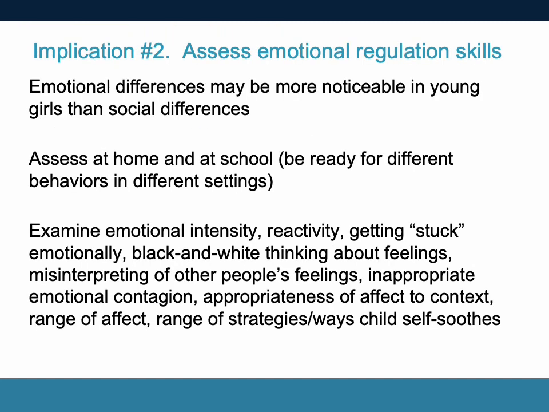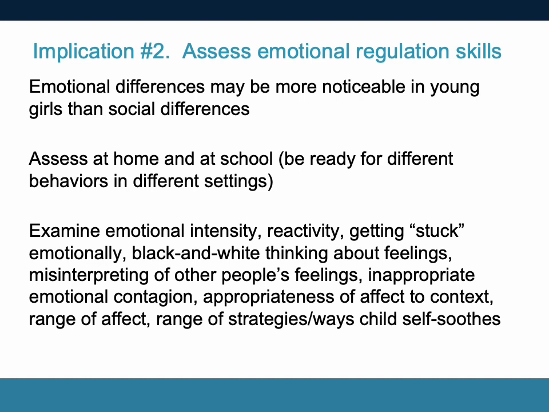Second implication I'd like to propose is that we as a field assess emotional regulation skills in the young children we're assessing for autism. Now, sometimes this can happen just through behavioral observation. There are also some tools that are being developed that would allow for parent and teacher report of emotional and behavioral responses in different contexts.